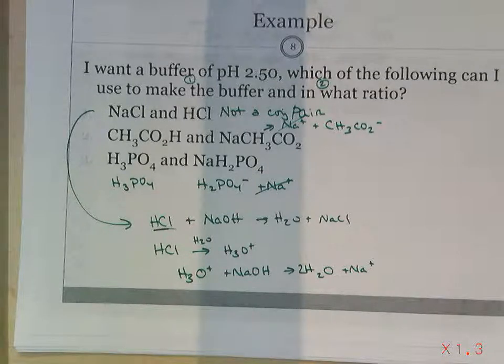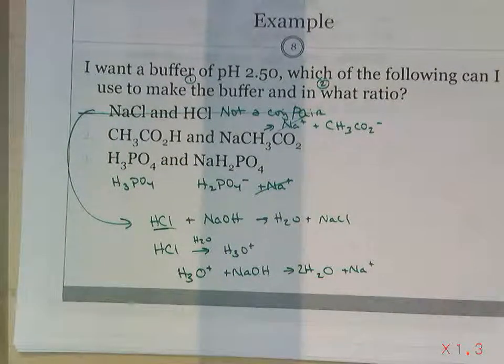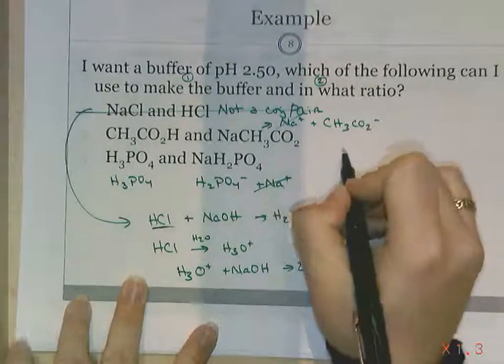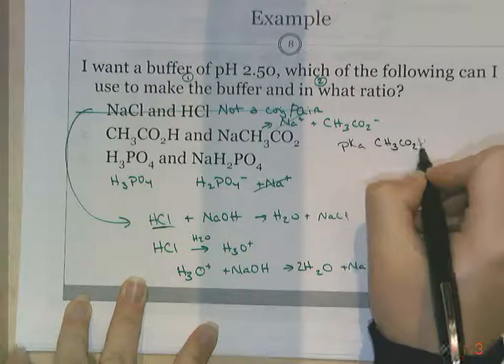Okay, so we've narrowed it down to 2 possible choices. This is a bad choice. Don't use that one. Let's take a look at our 2 last choices, acetic acid or phosphoric acid. So I would look up the pKa's of these 2.